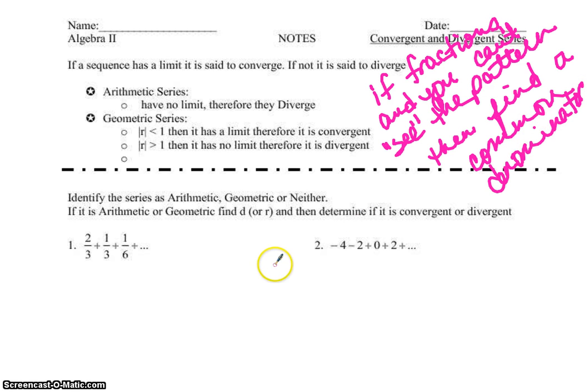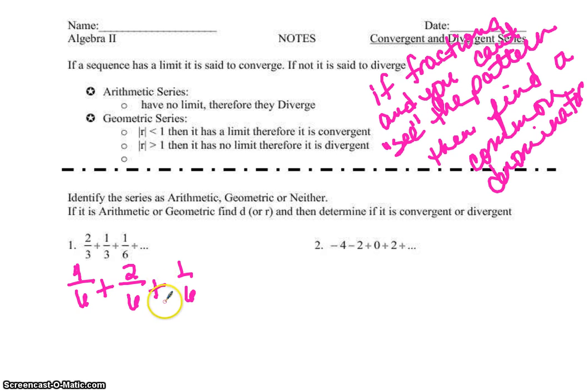And once you have the common denominator, you should be able to see what your pattern was. So like on this one, we could make it where they are all over 6. So you could say 6 divided by 3 is 2 times 2 is 4 over 6 plus 6 divided by 3 is 2 times 1 is 2 over 6 plus 1 over 6.